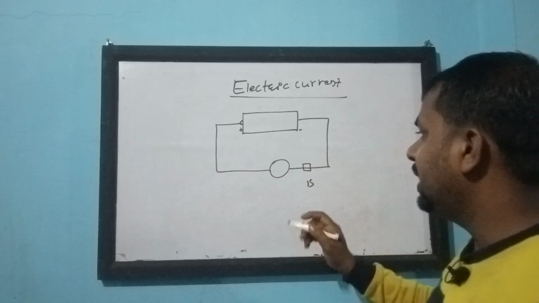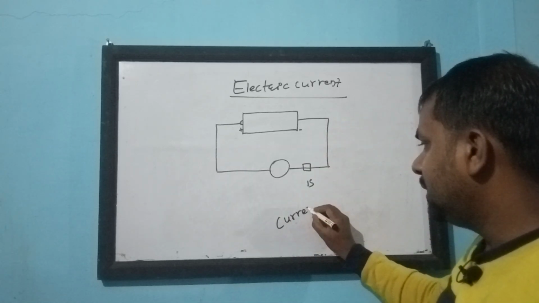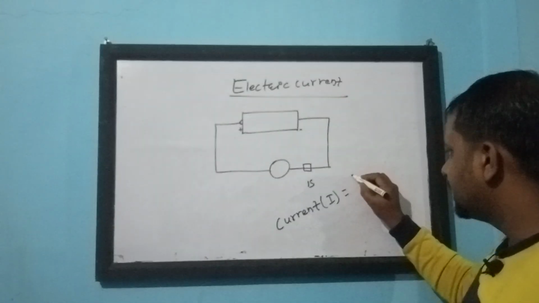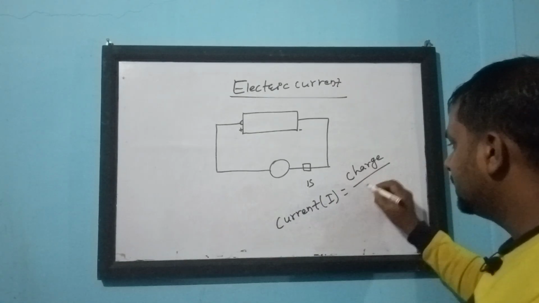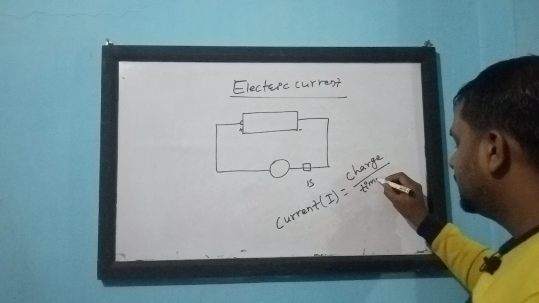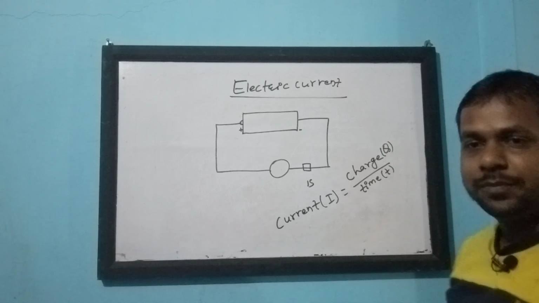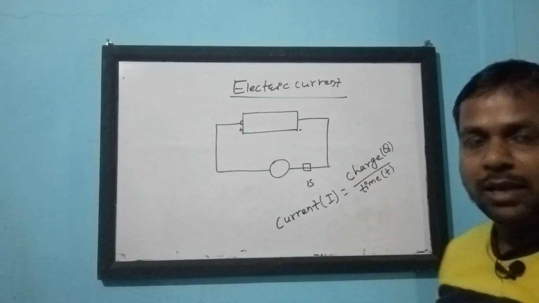We can also write it like this: current, denoted by I, is equal to charge divided by time. Charge is denoted by Q and time by T. Simply, current is equal to charge per unit time.